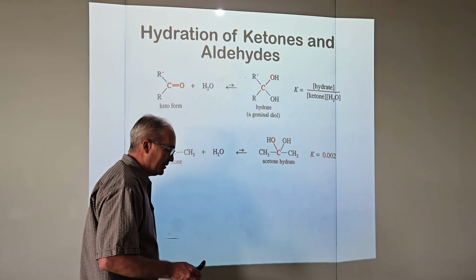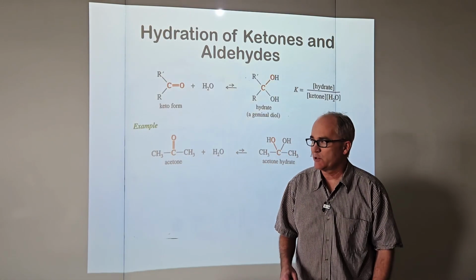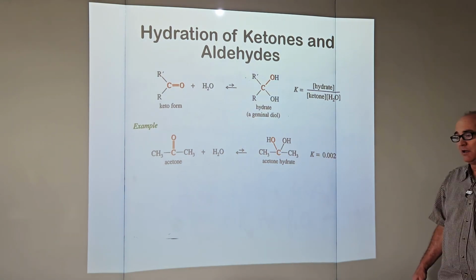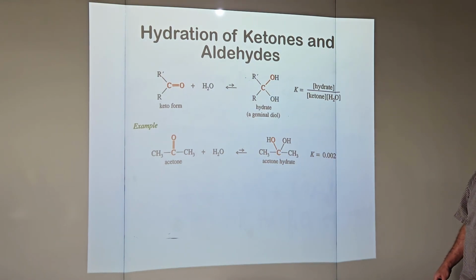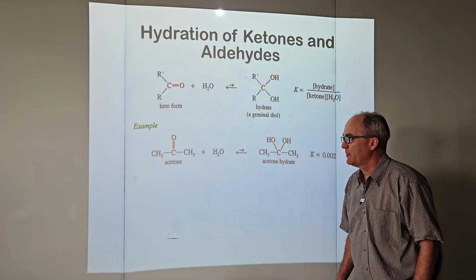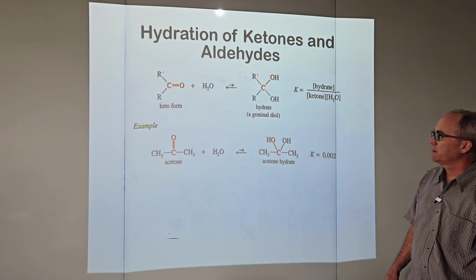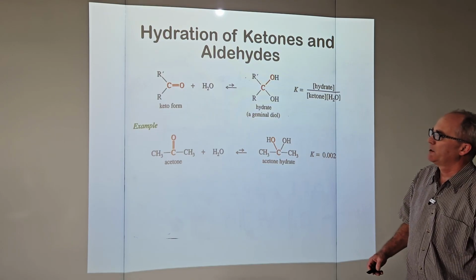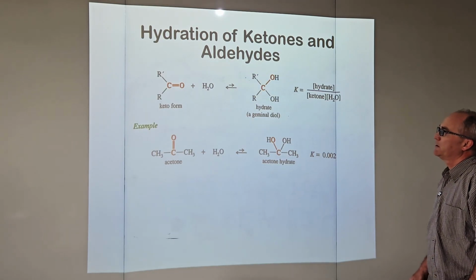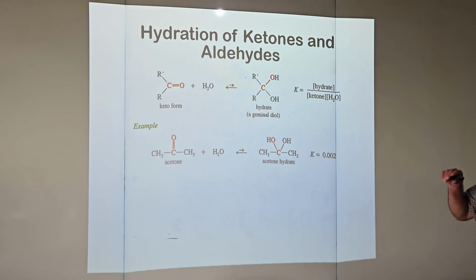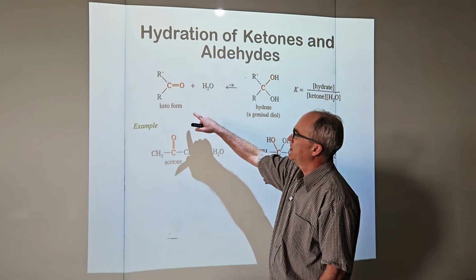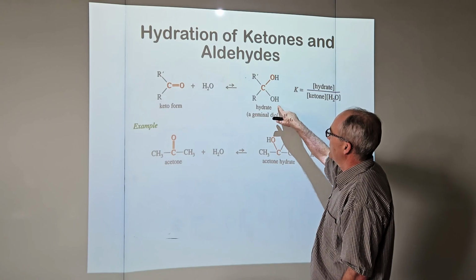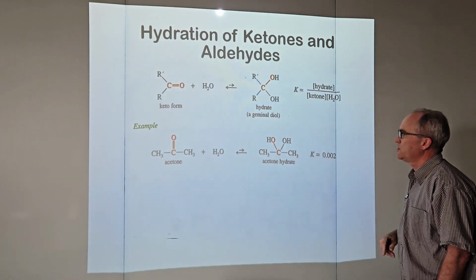I told you that one of the highlights of this chapter is this thing called a hydrate, and acetals and hemiacetals. And we saw that formaldehyde existed as this thing called formalin, which was the hydrate of formaldehyde.